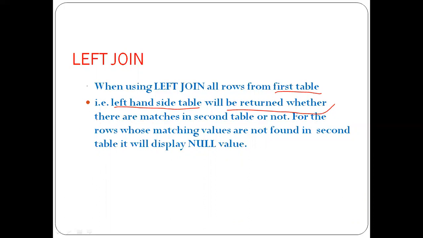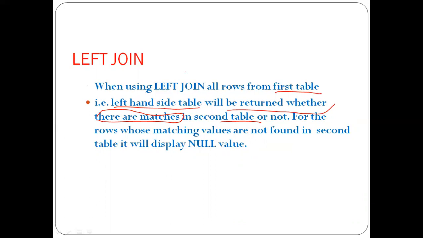If they match the left side, they will be displayed from the second table. Otherwise it will not display. For the rows whose matching values are not found in the second table, it will have a null value, it will display empty.